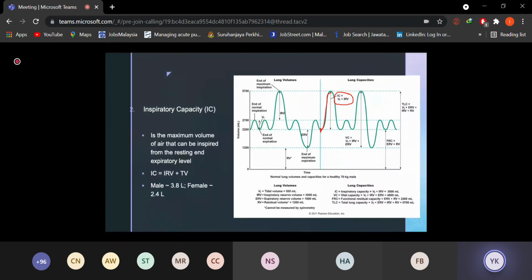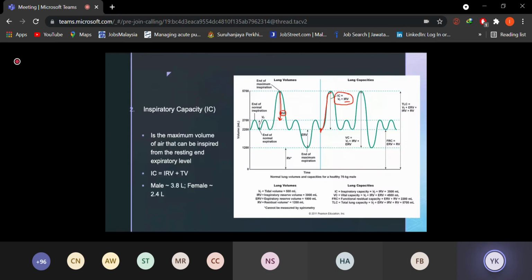After normal breathing, then you force yourself to inhale, then you will get the IRV. But for the IC, inspiratory capacity, you need to inhale forcefully after exhaling normally. That will be the difference.